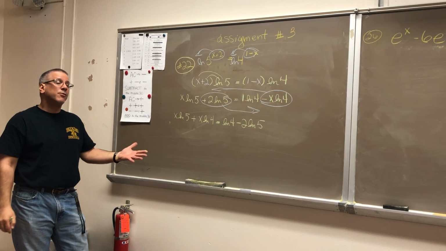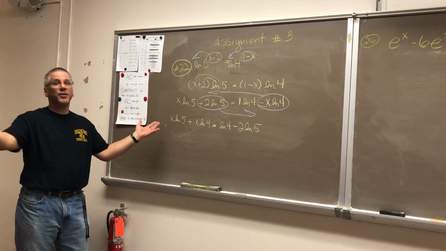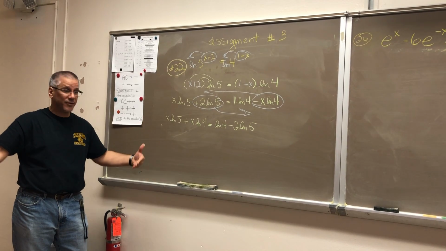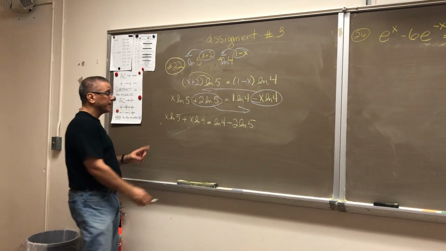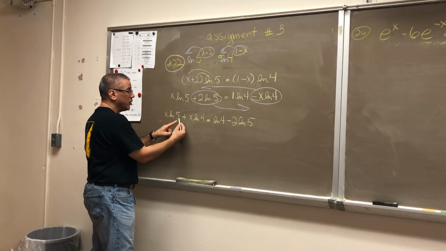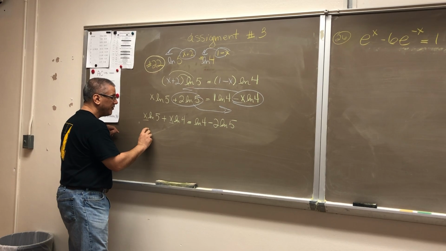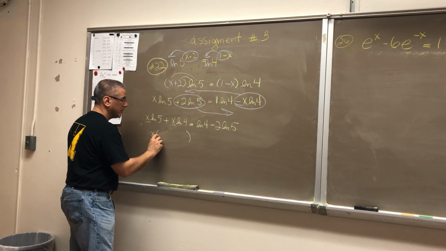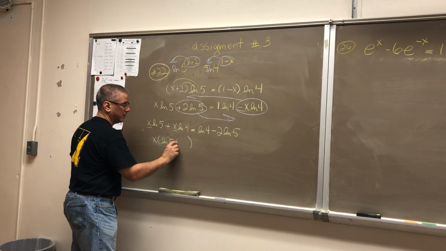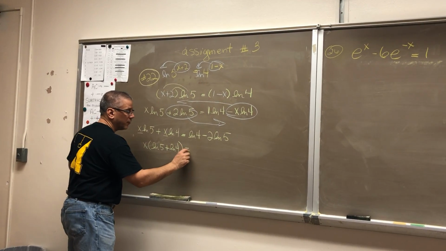The method that I'm showing you for solving this is that the last step, we type it all into a calculator. Scientific calculator, graphing calculator, doesn't matter. I cannot combine these. That's an absolute no-no. The only thing that we can do is, they both have an x in common, we factor out the x. And over here we did nothing.